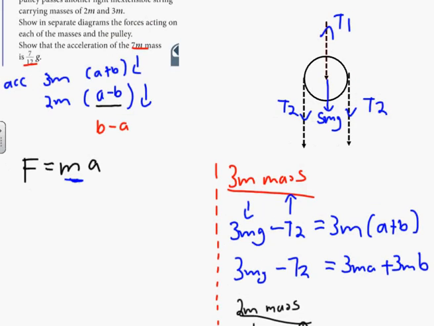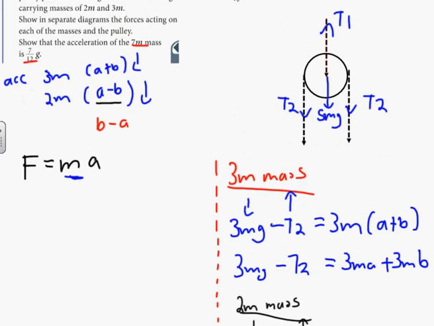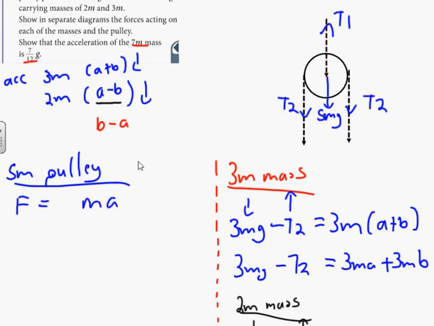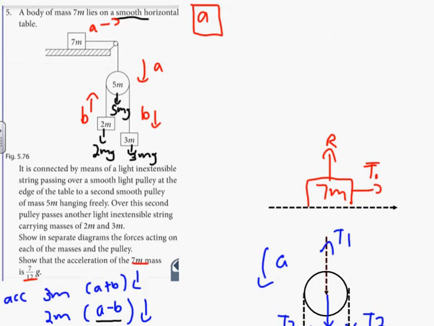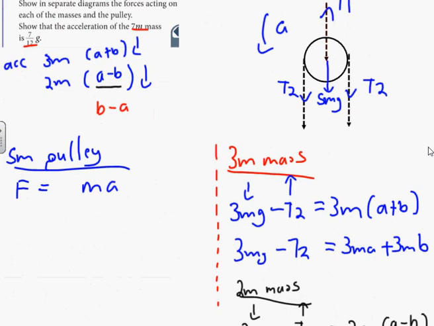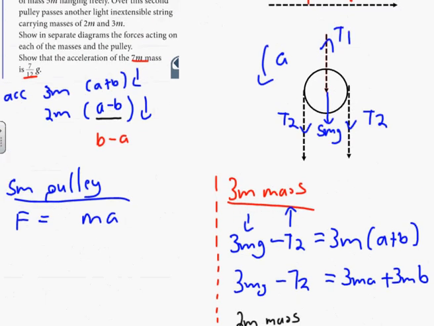Now this formula here, we'll start off as the pulley. How much does the pulley weigh again? The 5m pulley, is it? The 5m pulley. So once again we're going with F equals ma, as always. What forces are on the pulley, and what way is the pulley going? It's going down with an acceleration of A. Okay, so what are the forces at play, guys? So it's going downwards, so pick a downward force to start off with. 5 mg.